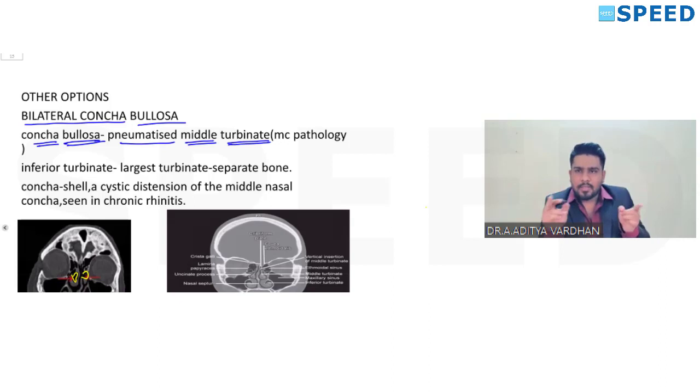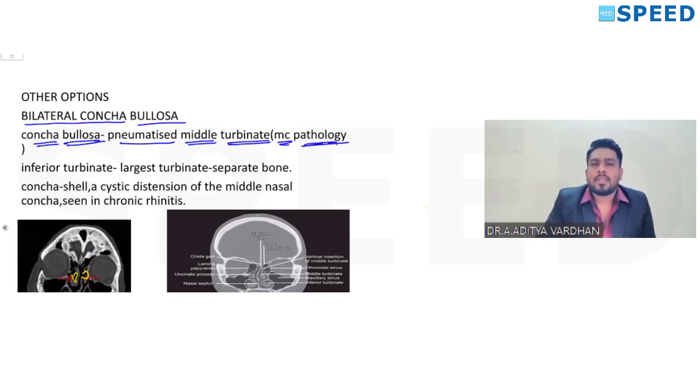I showed you the middle turbinate. If it has pneumatization, it is called concha bullosa. If it appears on both sides, it is called bilateral concha bullosa. And remember, in applied ENT, concha bullosa is the most common pathology in the nose. MCQ.